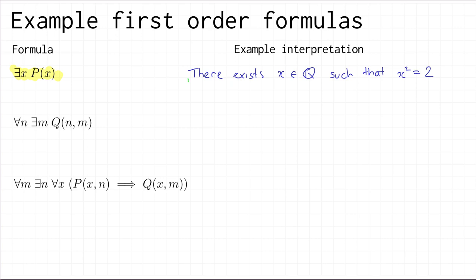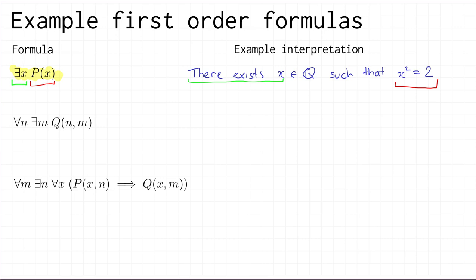Where we say there exists x, that part corresponds to the quantifier exists x. The fact that x is supposed to be a rational number here is part of the interpretation. That's part of the things that you have to give when you interpret a first-order formula. And then the relation P of x is being interpreted as saying x squared is equal to 2. So that's an example of a simple first-order formula and an interpretation of that first-order formula. This interpretation happens to be false.